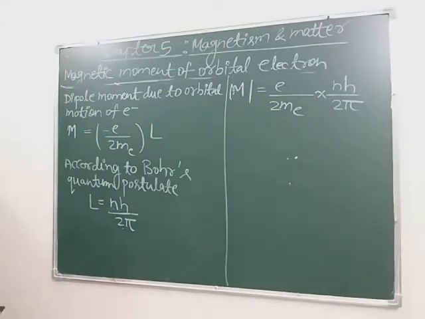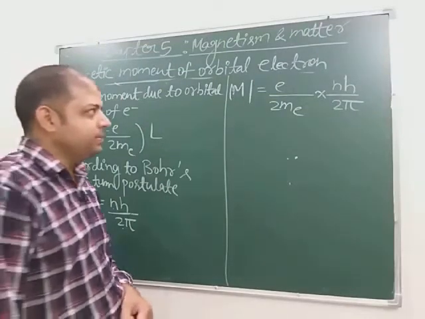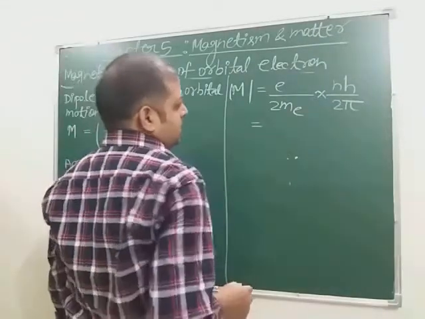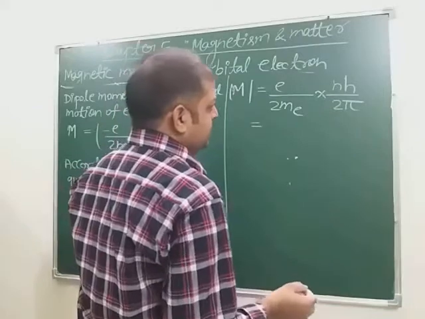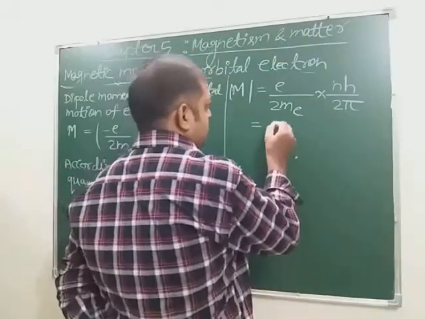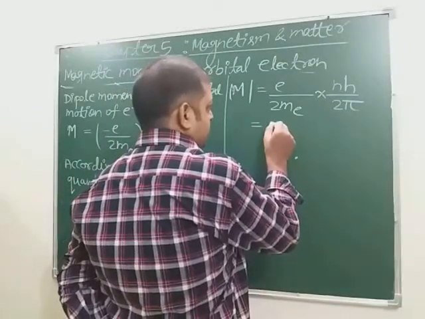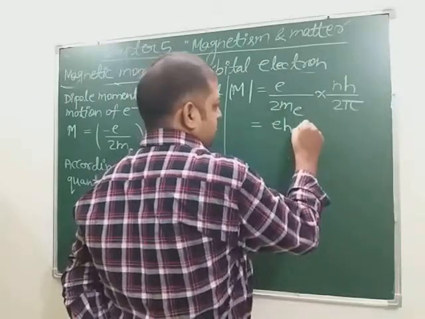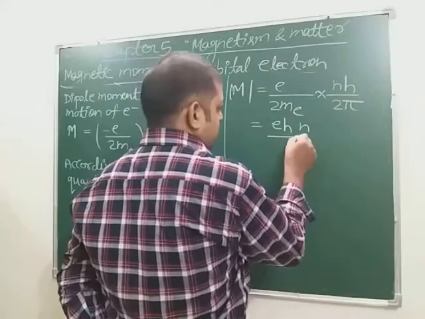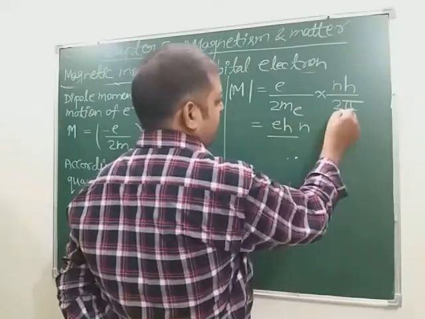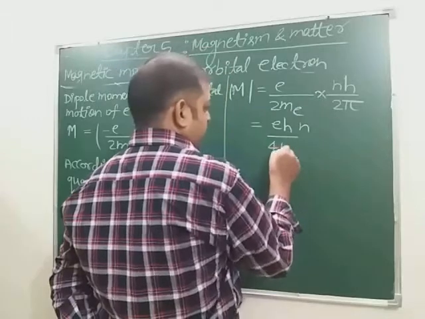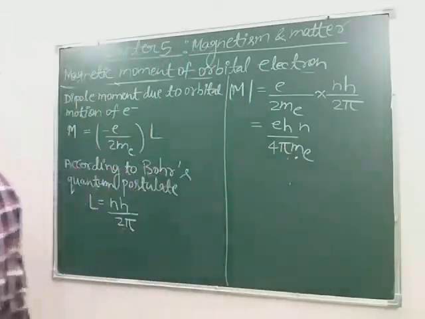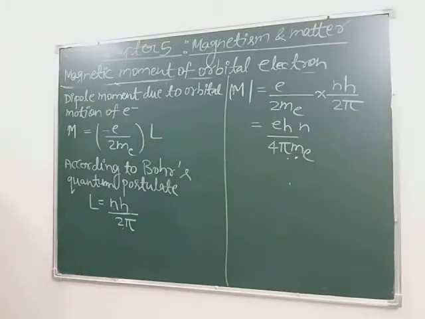Multiplying these values and taking the constants to one side, we can write e into h into n upon 4 pi me.